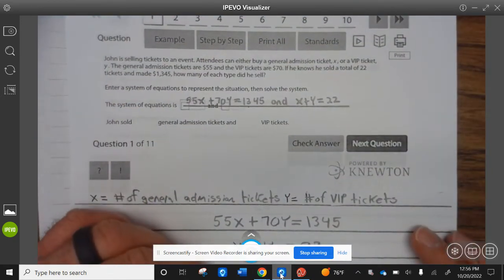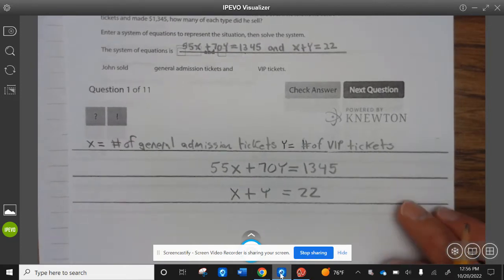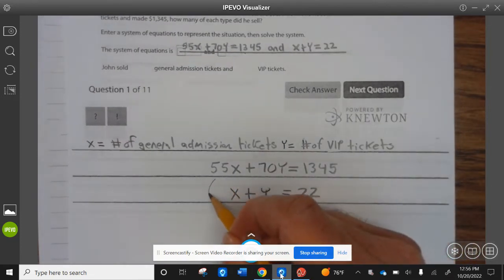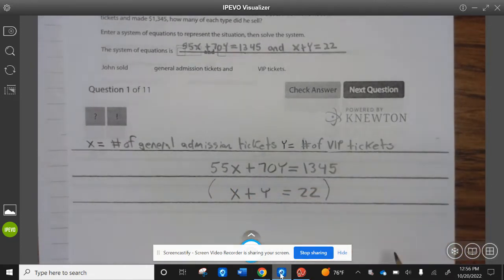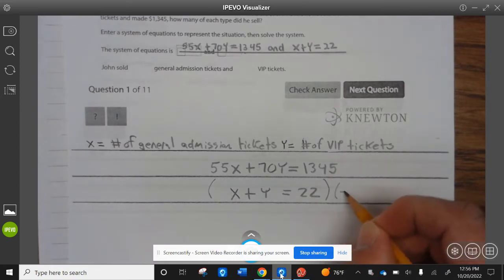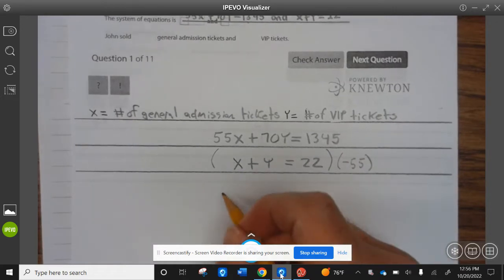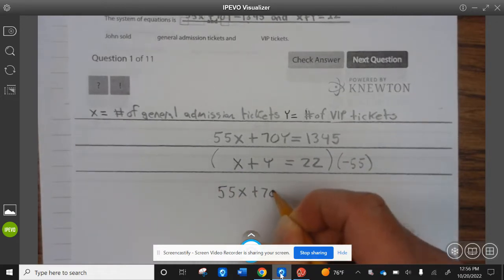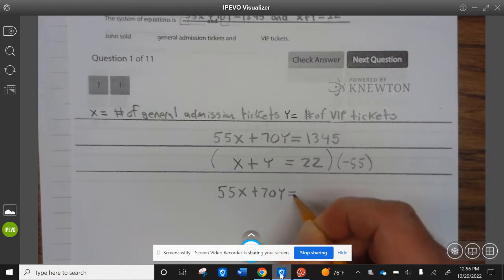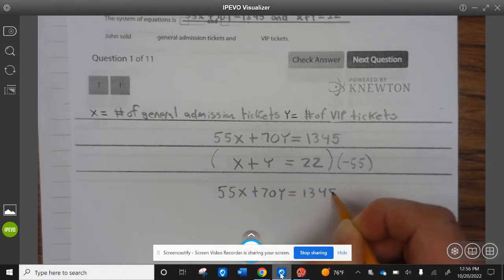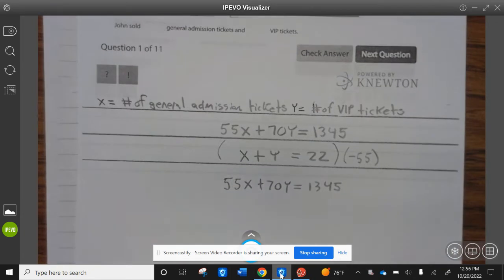Now we need to solve this. We're going to multiply the second equation by negative 55. We're going to use the first equation, not do anything with it. So 55X plus 70Y equals 1,345. Now we're multiplying everything by negative 55.